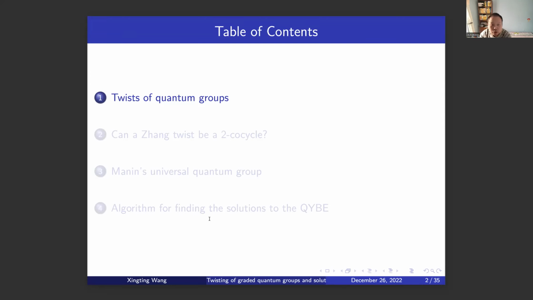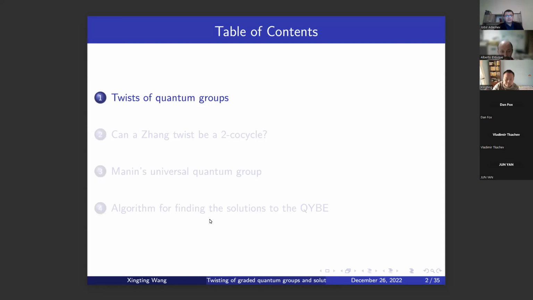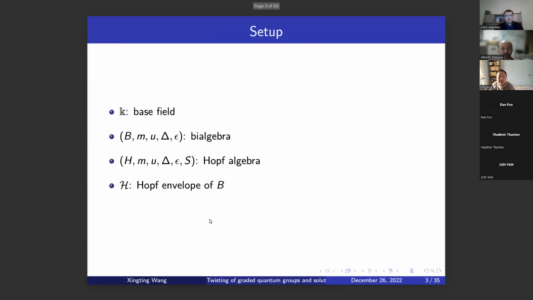One is called the Zhang twist, the other is called the two-cocycle twist. I'm going to talk about the applications in Manin's universal quantum groups. And in the last part, I'm going to find some applications of the twisting I defined before, especially to the solutions of quantum Yang-Baxter equations.